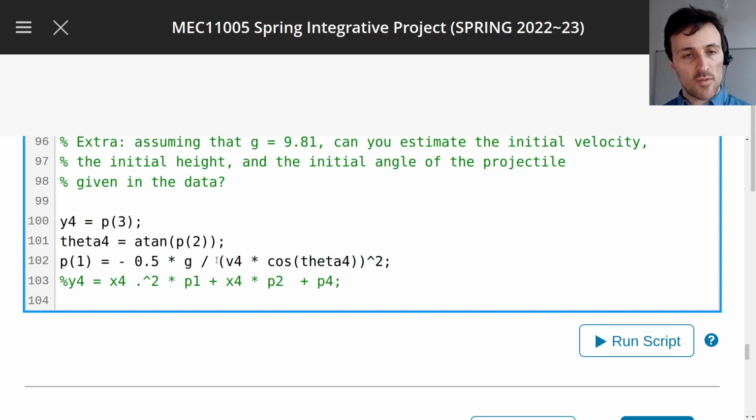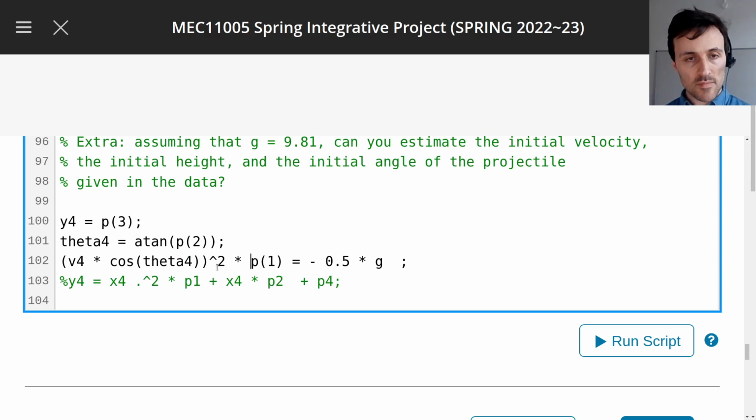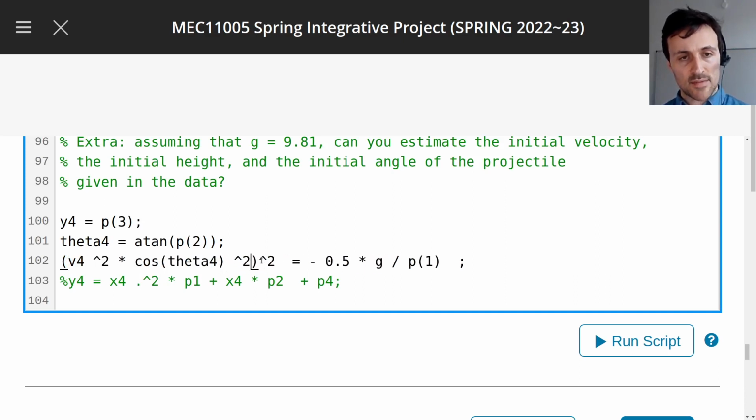First of all, I'm going to multiply both sides of the equation by this thing here to take it off the bottom of a fraction and bring it to the top. Then I'm going to divide both sides by p of 1. Let me remove this star here. Now I've still got this v4. I'm going to distribute this square: the square of two things multiplied is the square of the first times the square of the second.